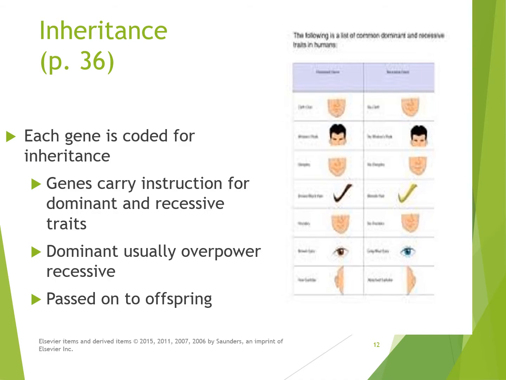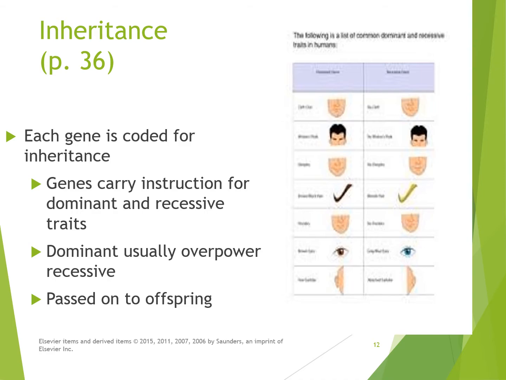Okay, inheritance. This is where it gets super interesting. Each gene is coded for inheritance. And I just really liked this picture of the traits in humans. So like hair color, eye color, what is our chin going to look like? Is it going to have the little dimple in it?